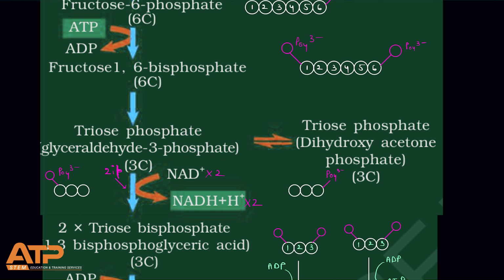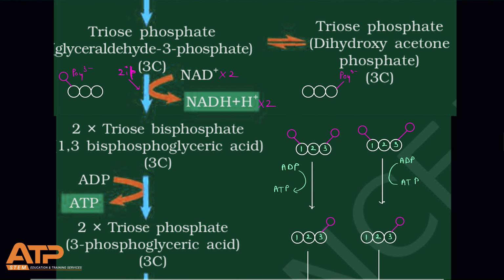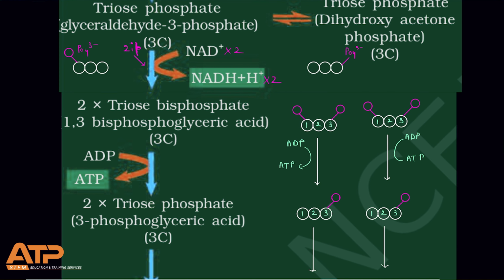Why 2? Because, like I told you, the triose phosphate DHAP, dihydroxyacetone phosphate, will also convert into glyceraldehyde 3-phosphate. Therefore we now get two molecules of triose bisphosphate, because one phosphate got attached to both of those glyceraldehyde 3-phosphate.